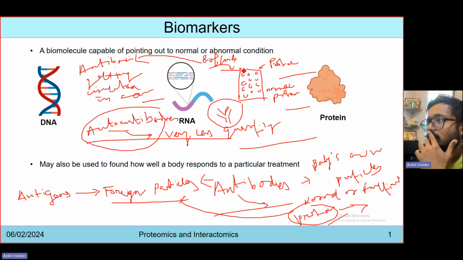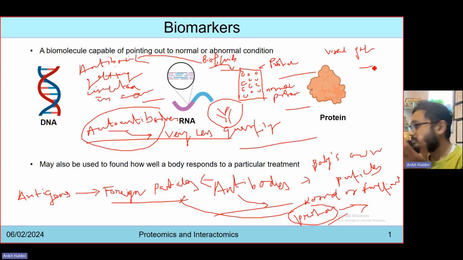There should be no antibody against them, because these are not foreign particles; antibodies should be generated against foreign particles like viral proteins, bacterial proteins, or other agents.